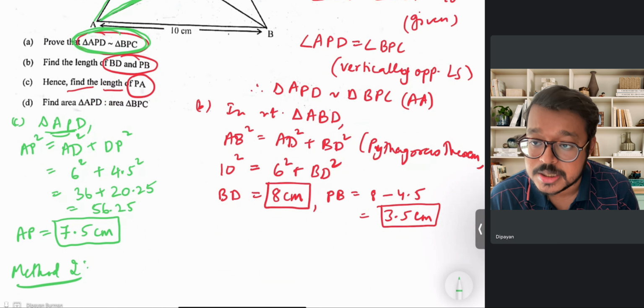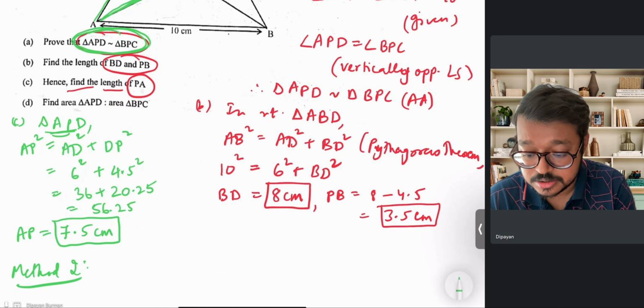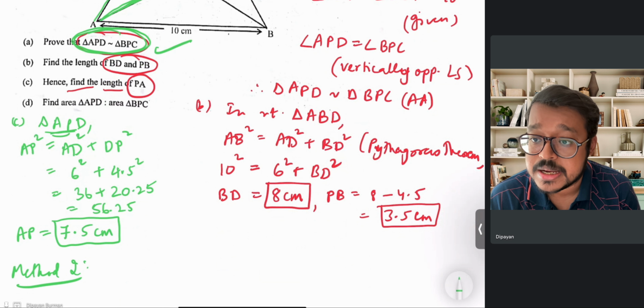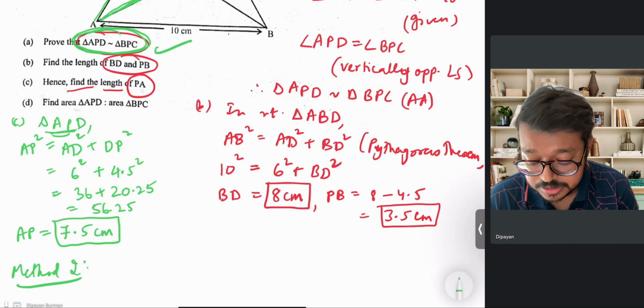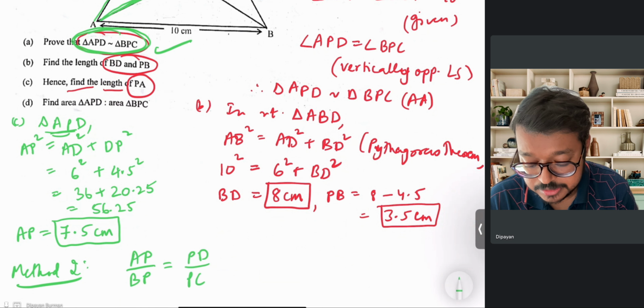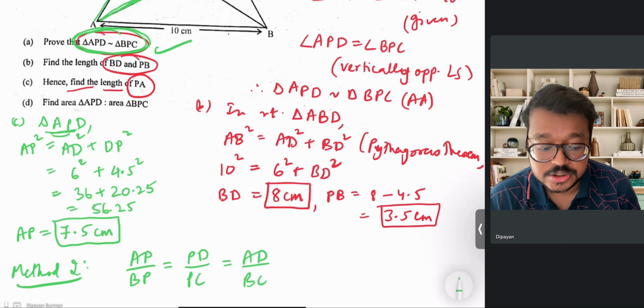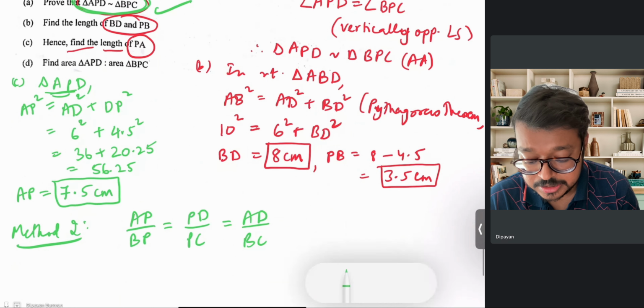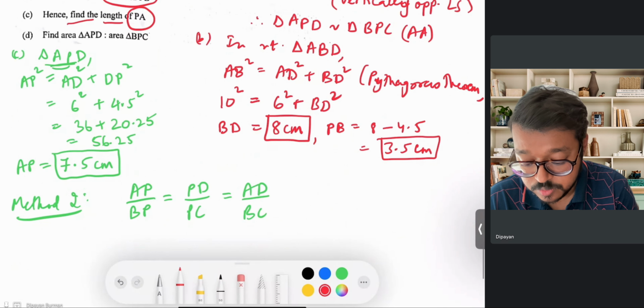for the same subpart is that since we have these pair of similar triangles, the ratio AP by BP is equal to PD by PC, and that is equal to AD by BC. These ratios must be equal, and let's say I'm interested in finding what is AP.